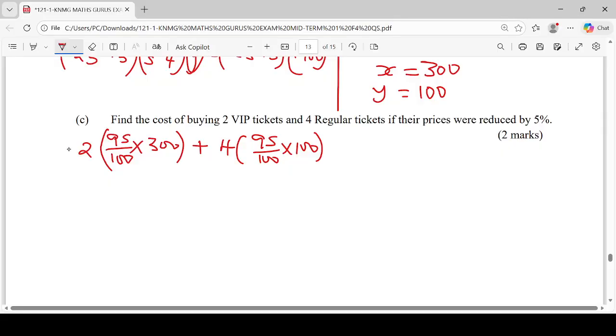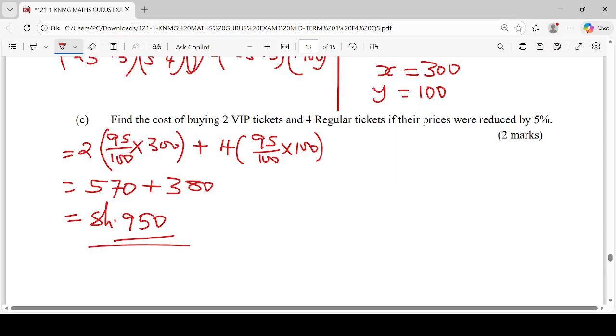So let's do it together: 95 over 100 multiplied by 300, then times 2. This is 570, plus 4 times 95, which is 380. When you add this, you get the cost is 950 shillings. So that's how you respond to such a question.